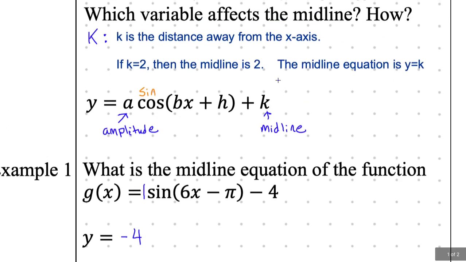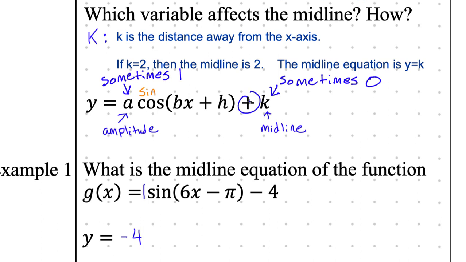So I guess we can always add on to our notes. We can say sometimes 1. And this can be sometimes 0. So if there isn't any A, assume it's 1. If there isn't any K, assume it's 0. Why are we assuming different numbers? Well, one is being added, one is being multiplied.